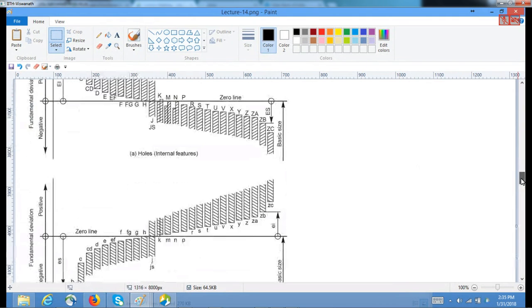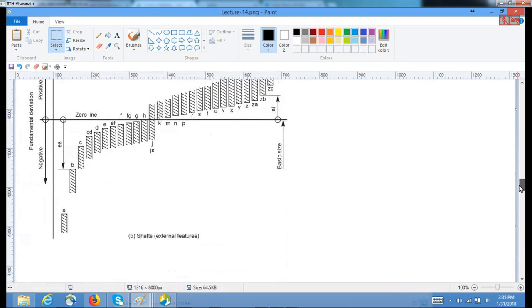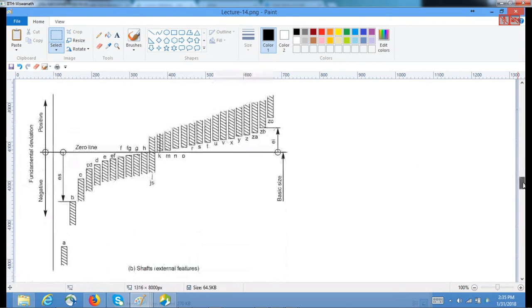Similarly, look at this, which is for the shafts. For the shafts, the A starts from the negative and it goes further to the positive side. And if you look at it, H has the zero fundamental deviation from the basic size.